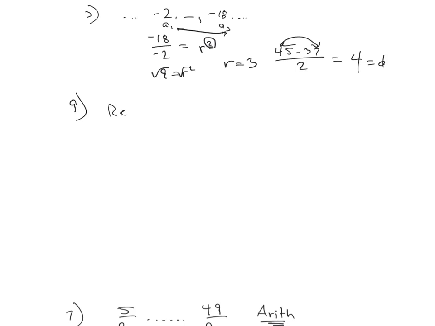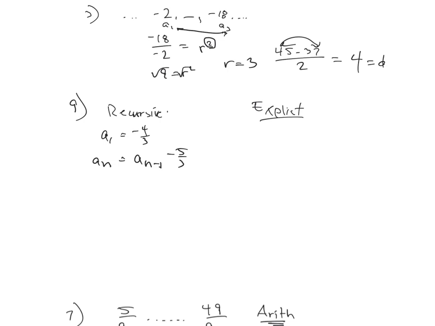So for recursive, we know that a sub 1, they tell us that, is negative 4/3. And then a sub n will just be the term before it with your difference, minus 5/3. Explicit is the formula.